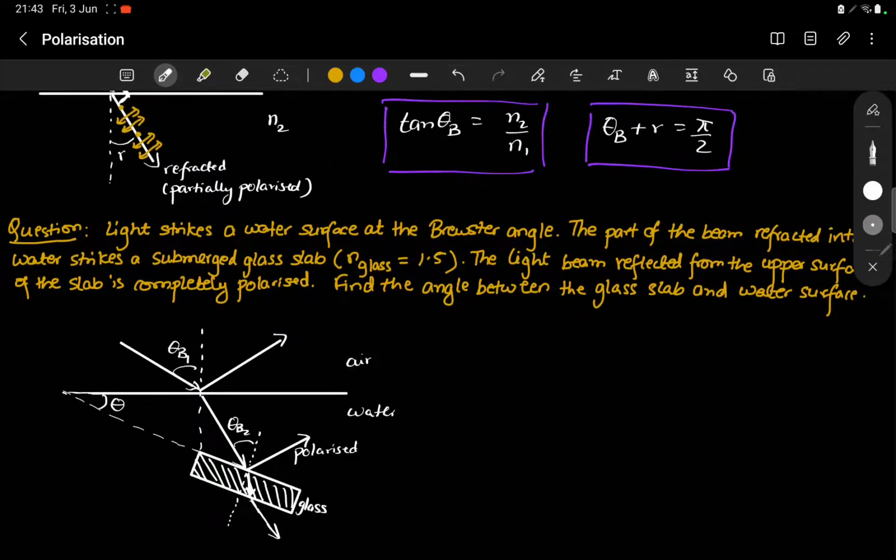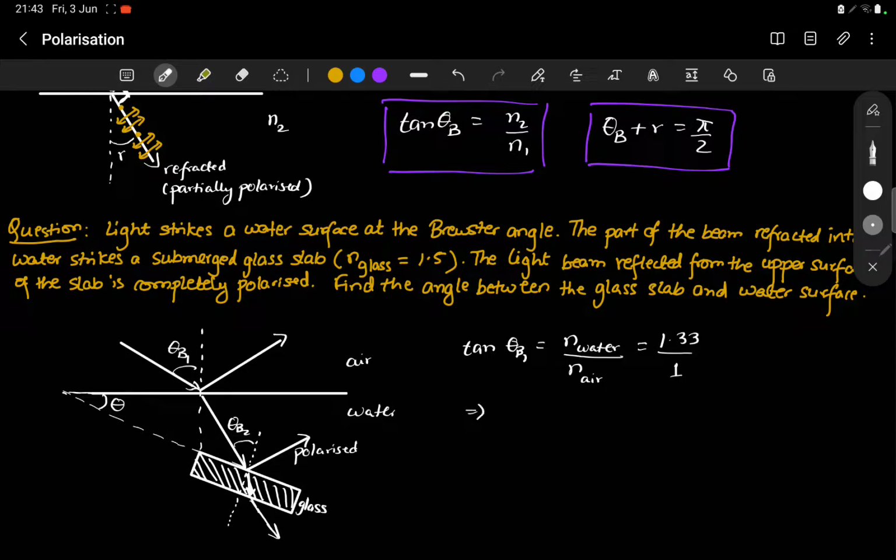So let us use this relation right here. Tan theta B is N2 by N1. So we have tan theta B1 is equal to the refractive index of water over the refractive index of air. The refractive index of water is roughly taken to be 1.33 and air is roughly taken to be 1.